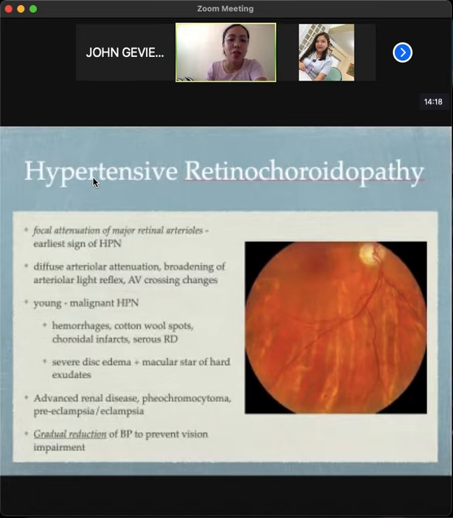So in young hypertensives, aside from constricted vessels, you could see hemorrhages, exudates, serous detachments in the retina, optic nerve swelling, and a macular star may be seen. However, in elderly patients, you don't see these hemorrhages and exudates, because their vessels are more protected by their arteriosclerosis. So usually, they seldom exhibit a florid hypertensive retina.